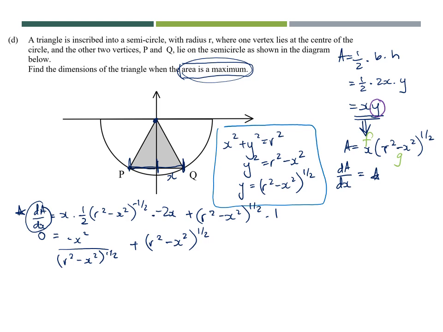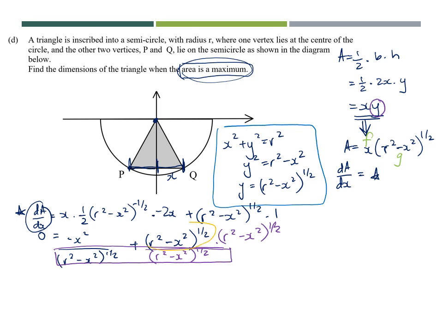It looks pretty tricky, but if I try and have these fractions as the same denominator, times this fraction by 1 in the form of r squared minus x squared all to the power of a half, that means I've got a common denominator.